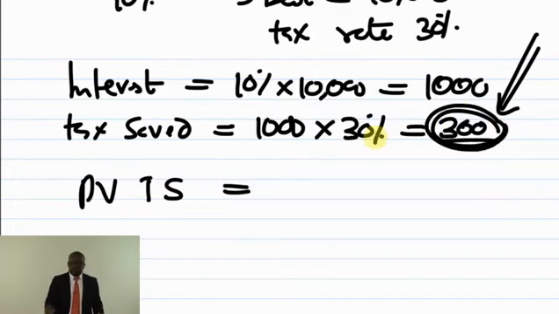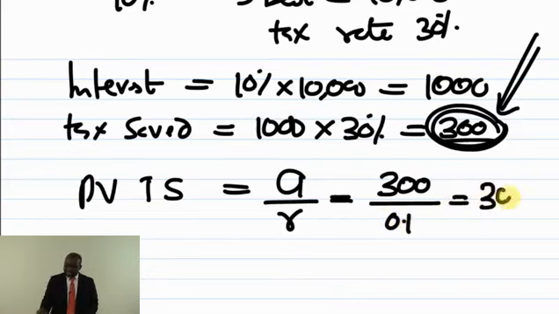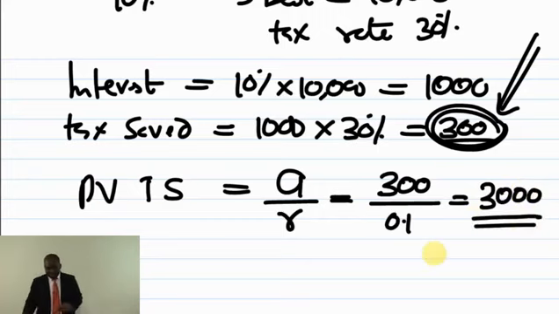Because this is going to infinity, I have got a perpetuity. The present value of a perpetuity is the constant cash flow divided by the cost of capital. That constant cash flow is the 300 divided by the 10%, which is 0.1, and that gives me the present value of the tax savings of 3,000.